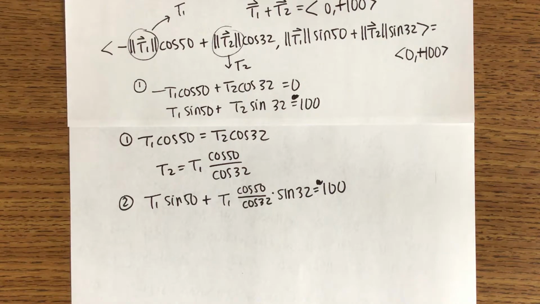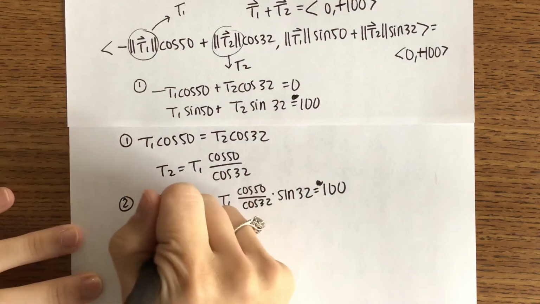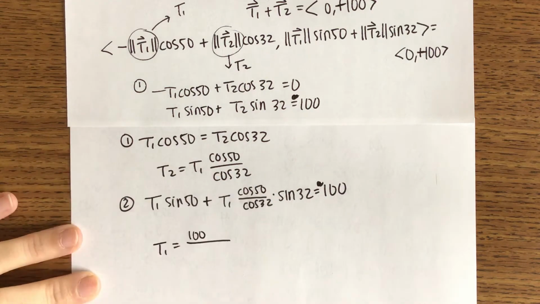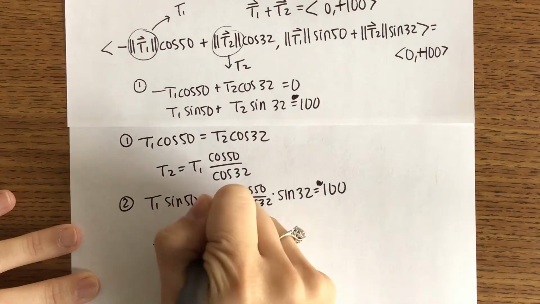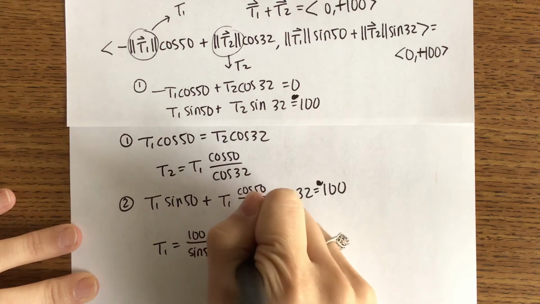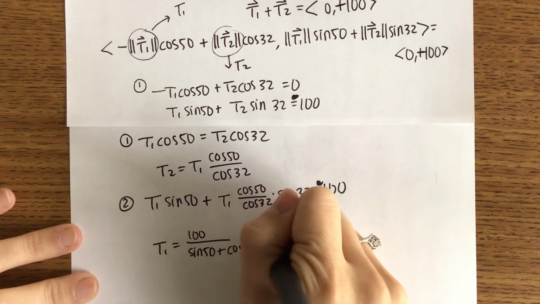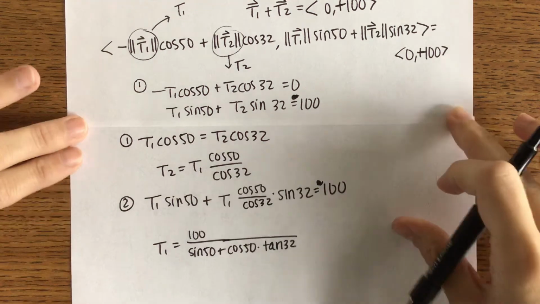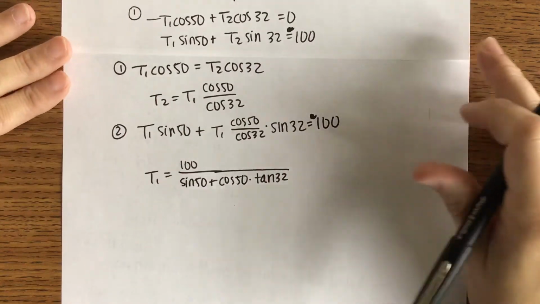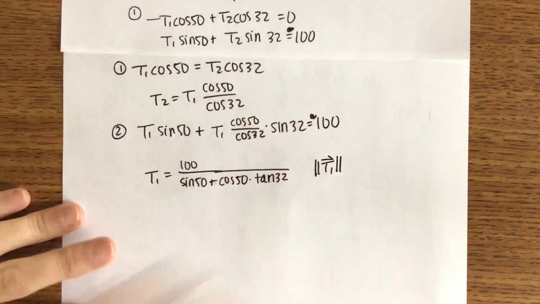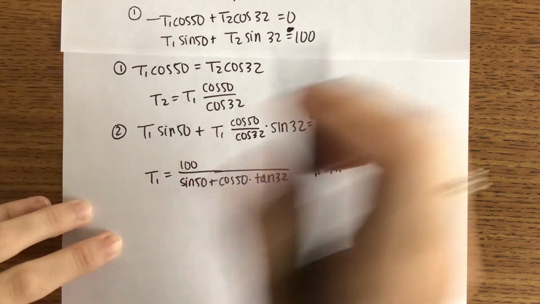Okay, so if we solve for T1 then, T1 is going to be 100 over, if I factor out the T1, sine of 50 plus cosine of 50 times the tangent of 32. Remember that I got lazy though, that T1 really represents the magnitude of the first tension vector.